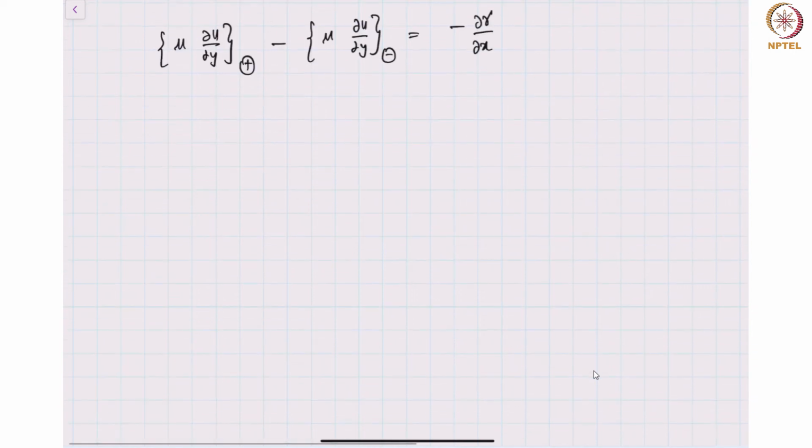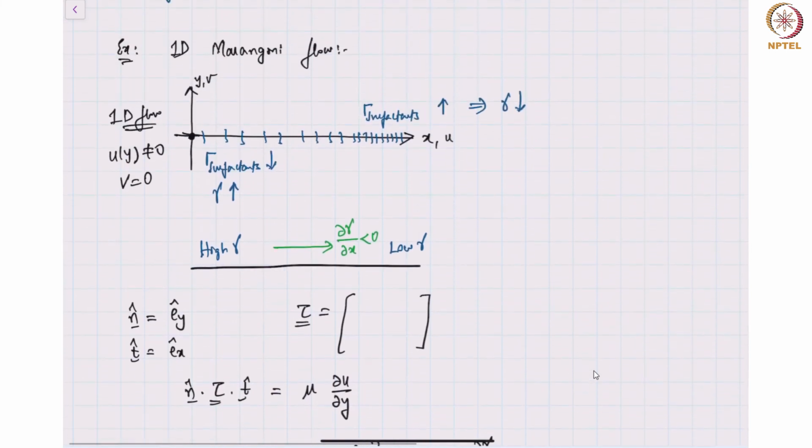It's very clear that if the right hand side is non-zero, then the tangential stress, which is mu times del U by del Y, is non-zero. Remember, this analysis is only for a special case, a flat interface with varying surface tension.